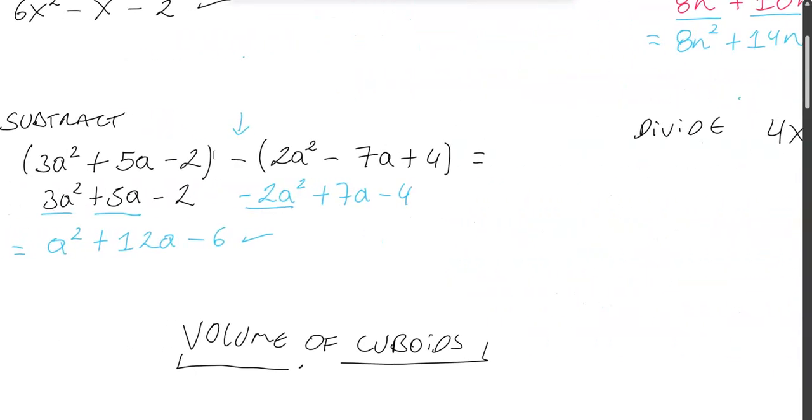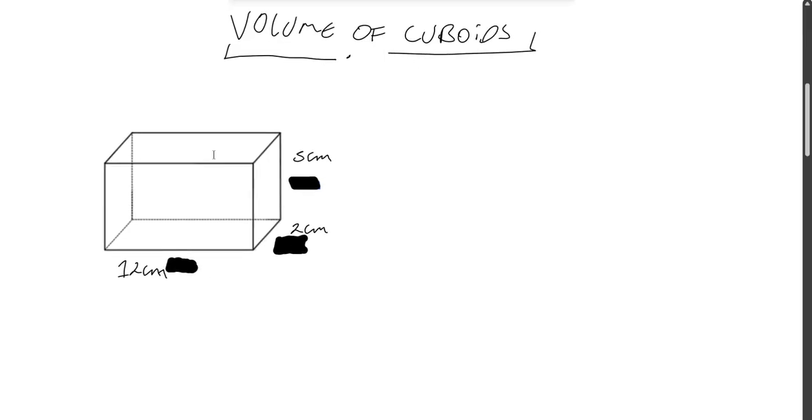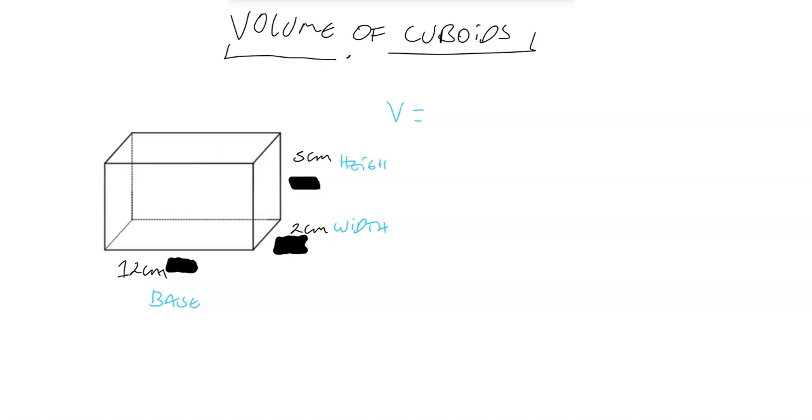Let's move on into another topic that we need to study for a test, which is volume of cuboids. For you to find the volume of a cuboid, you simply multiply the base, which in this case is this, by the width, which is this, and then by the height, which is this. So I'm going to multiply 12 times 2 times 5.